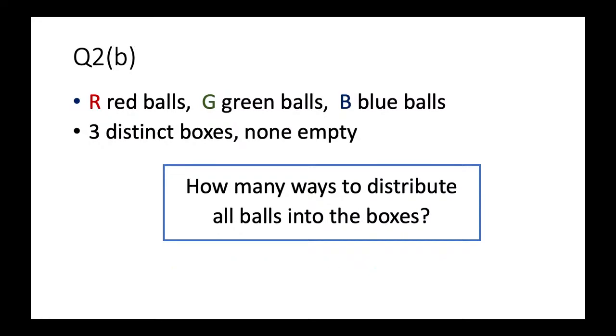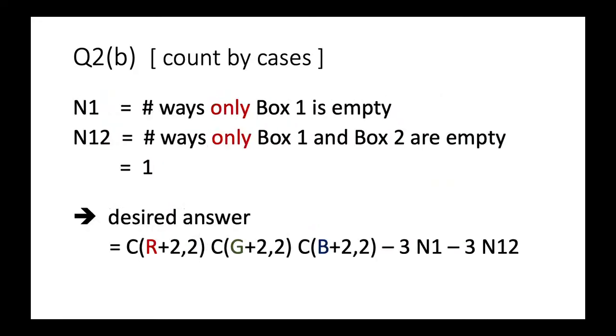Now the second part, we have an extra constraint, an extra restriction. We require that none of the boxes will be empty. So we have this new restriction. How many ways to distribute all balls into the boxes? So how can we solve it? We can solve it by counting out all the possible cases one by one, of course, cleverly.